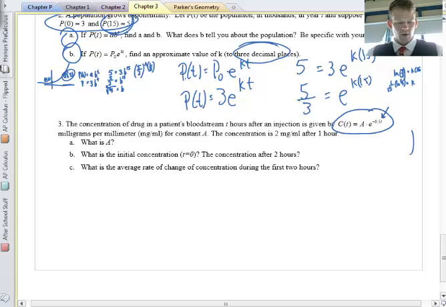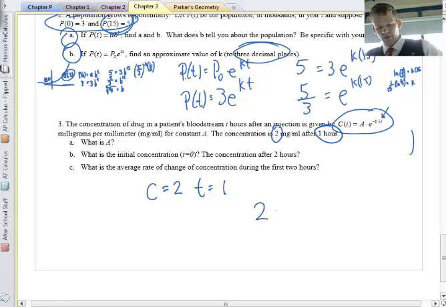What is A? You should know by now that A is the initial concentration, but we have to solve for it because we don't know what it is. They give us some information: C is equal to 2 when t is equal to 1, at 1 hour, right? So we solve for it.